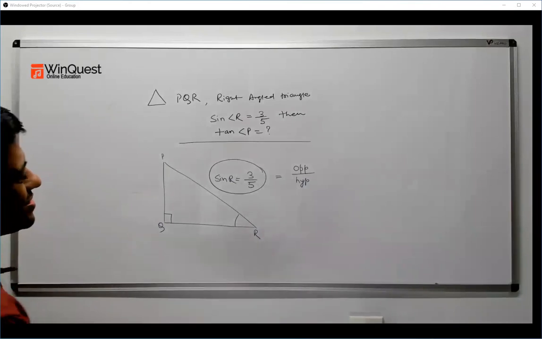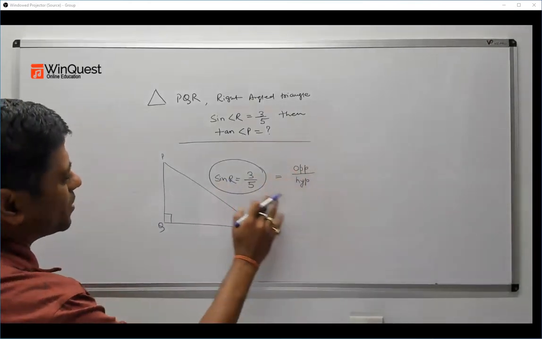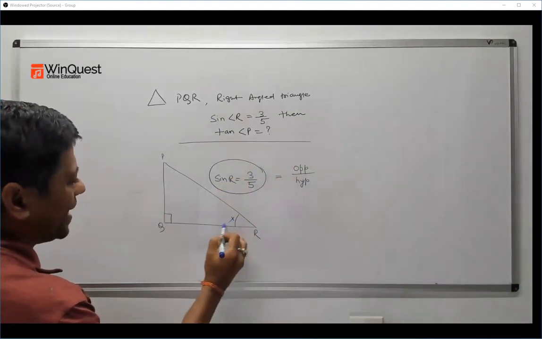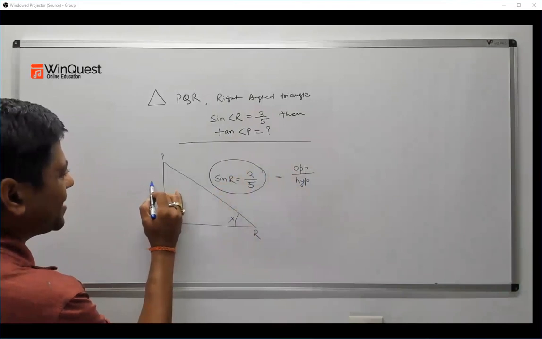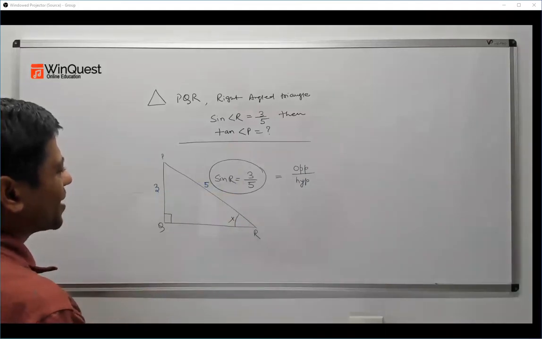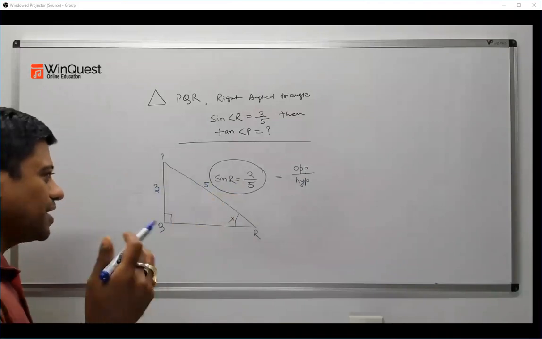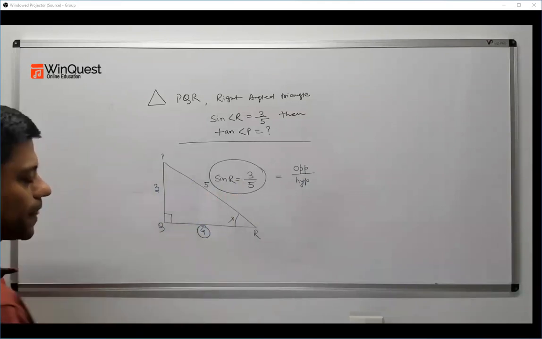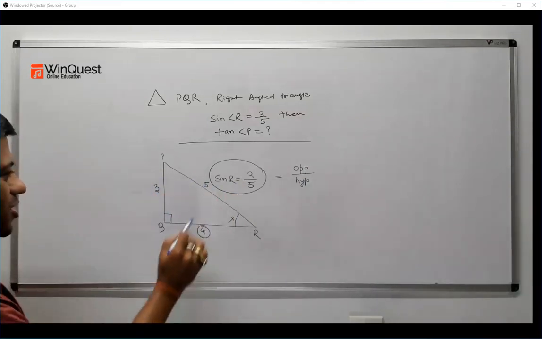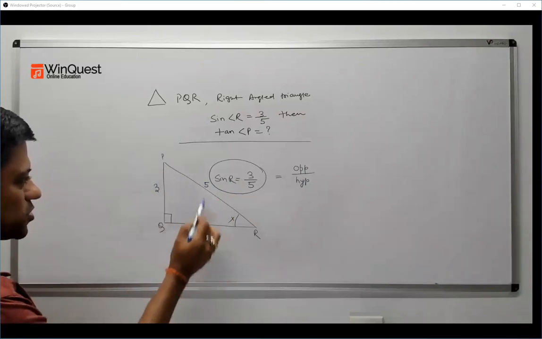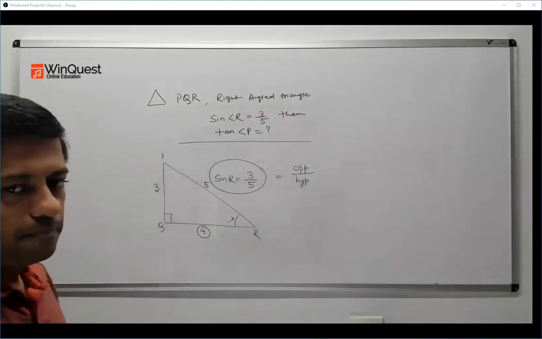Since sine is opposite over hypotenuse and sine of R equals 3/5, when I'm talking about this angle, I will say this side is 3 and this is 5. In a right angle triangle, there is no other way for the third side to be anything but 4. 3, 4 and 5 is a combination that gives the Pythagoras rule: 3 squared plus 4 squared becomes 5 squared.